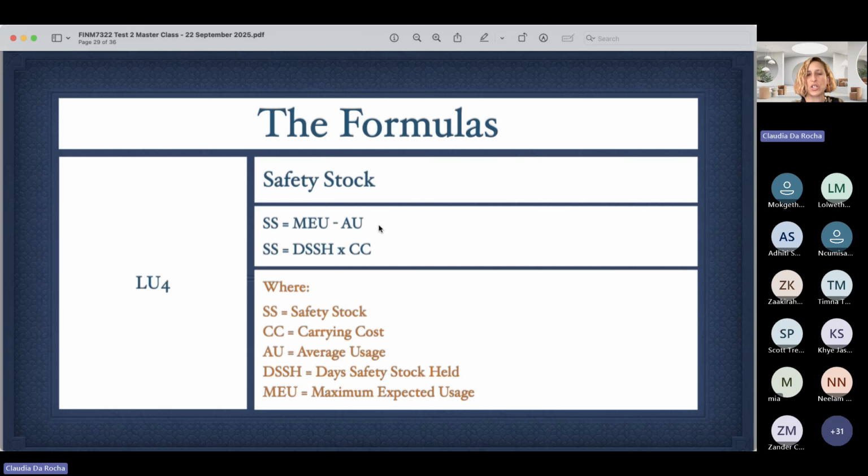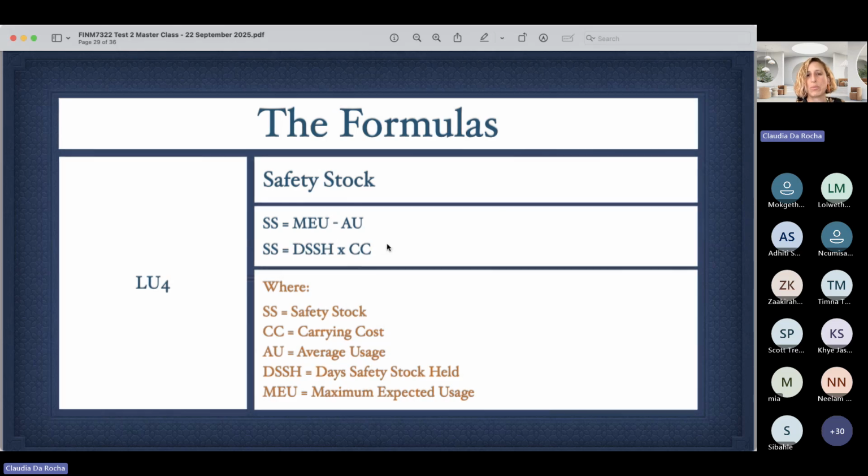So if in a question they say to you that the maximum amount of stock that is expected to be used is X, and you know your average usage, you will then minus the one from the other. The calculation method that is most commonly used in 3B is the second one, where we take the days the safety stock is held times your carrying cost.